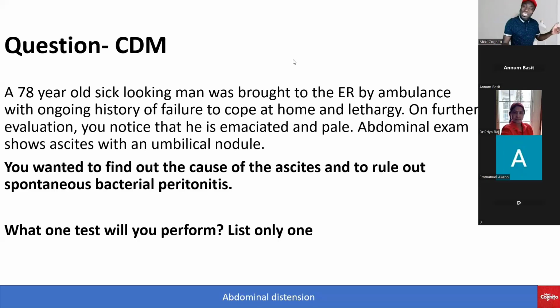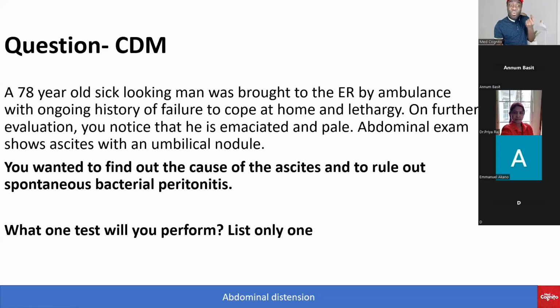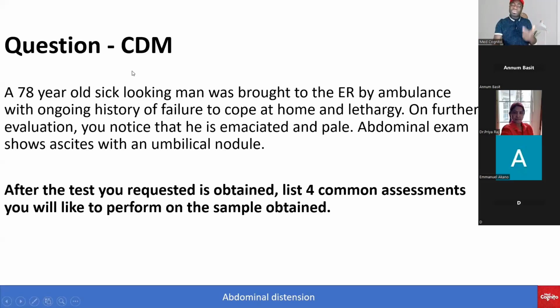Your answer should be abdominal paracentesis. You do the abdominal paracentesis, then you will do the investigations on it. I know you know your answers, but be stepwise in the way you answer, or else you will lose some marks. Now that we've talked about paracentesis, I'm sure you should know the next question, which is coming.